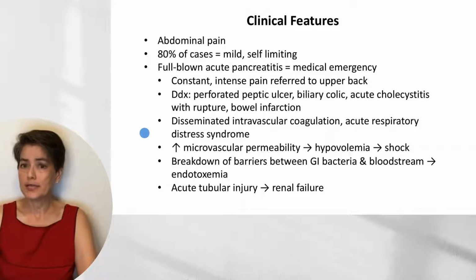This accounts for the high mortality that we can see when we get to full-blown acute pancreatitis. The increased microvascular permeability will lead to hypovolemia, which can lead to hypovolemic shock. And as we get breakdown of barriers between our gastrointestinal bacteria and the bloodstream, we can get endotoxemia and sepsis. And acute tubular injury to the kidney can lead to renal failure.